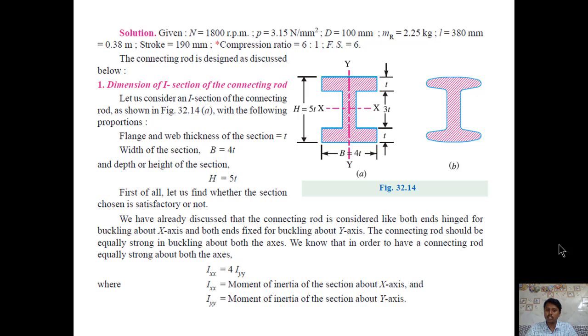If it is more than 4, it is used for a very high speed engine. If it is very low, then the angularity is increased. So, Ixx by Iyy must be equal to or less than 4.